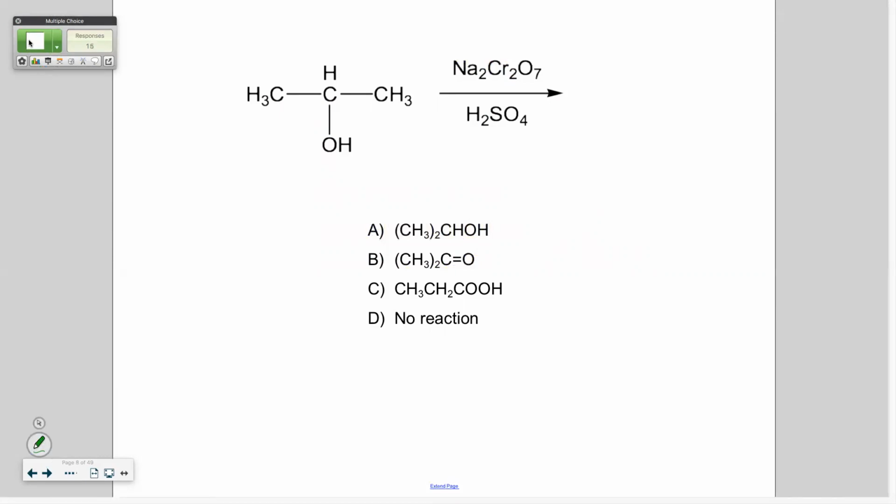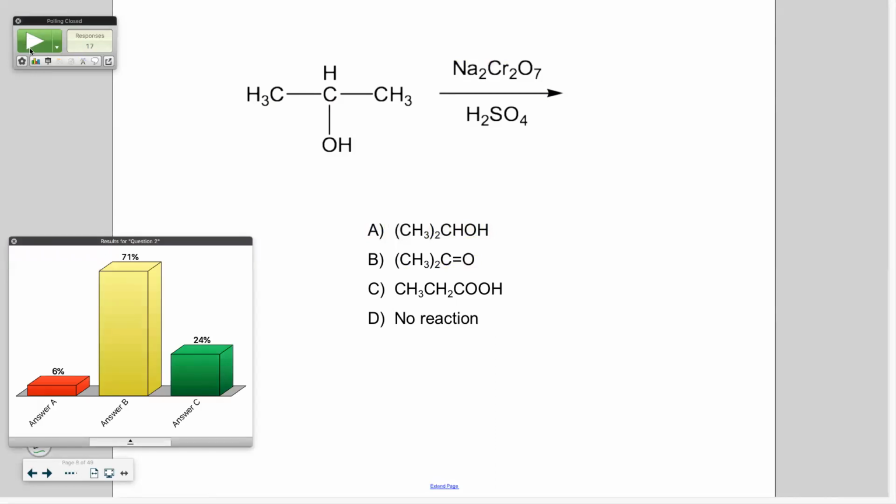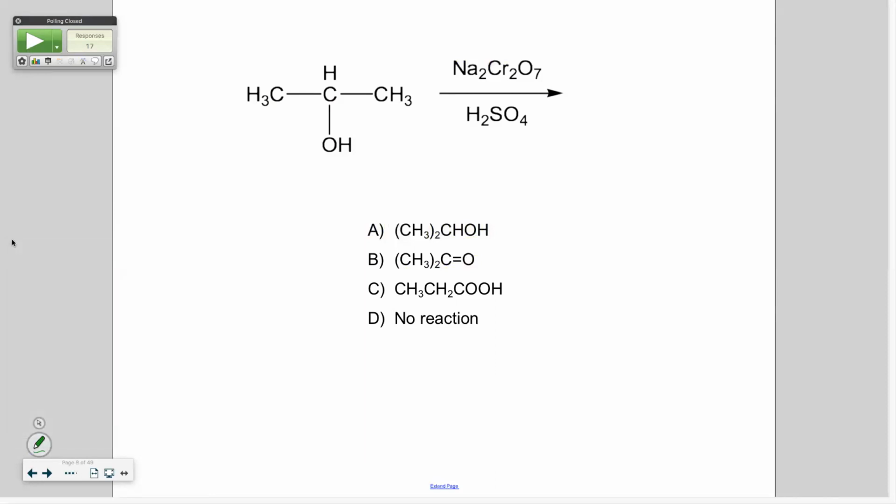Yep, it's B. It's the ketone. A is just the starting material. Didn't mean to be tricky.